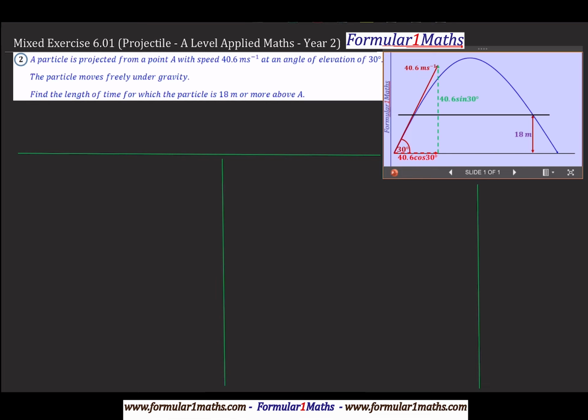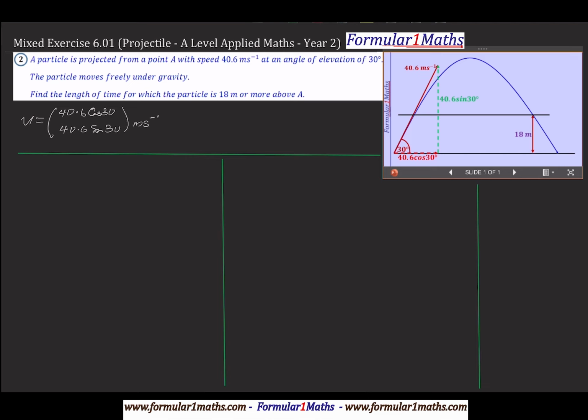So our initial velocity u will be u equals 40.6 cos 30, 40.6 sin 30 meters per second.